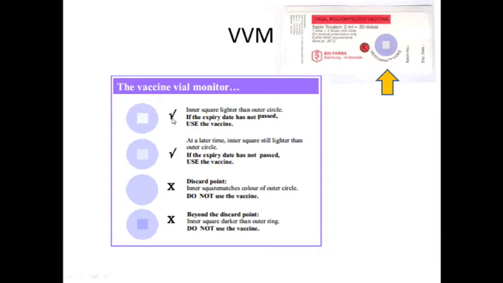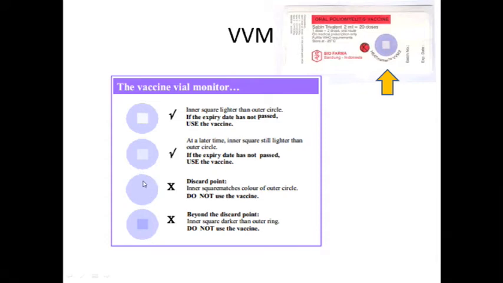And how do we monitor it? On the vial of oral polio vaccine, we have this marker which is known as a heat marker, which comprises an inner square and an outer circle. And the space between the square and the circle is blue in color. In fact, the square is also light blue in color. As you can see here, this color is definitely lighter as compared to the color between the square and the circle.